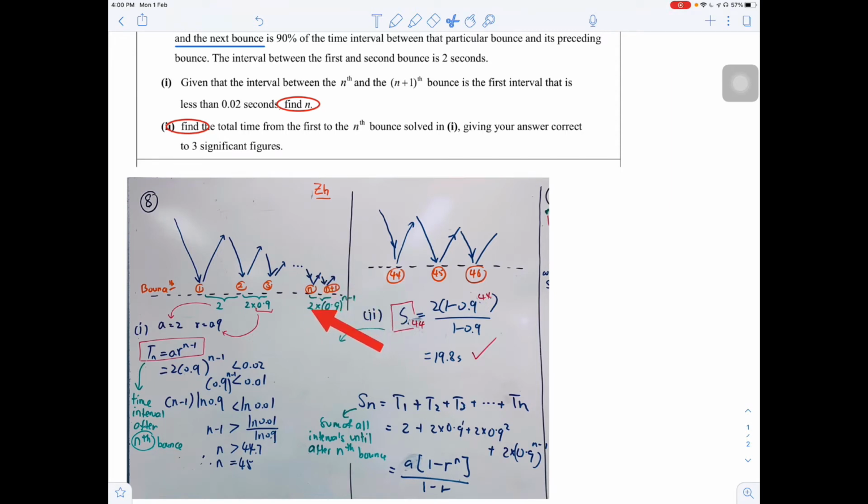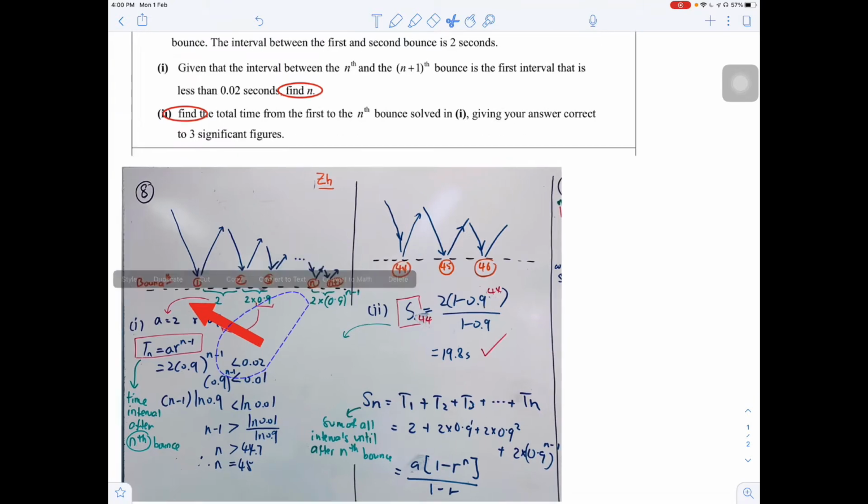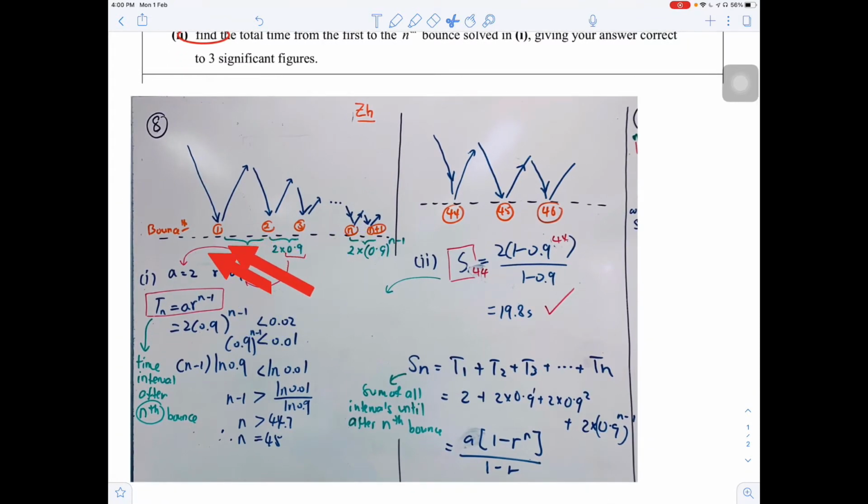We look at the pattern. According to the question, between the first and the second is 2 seconds, and between the second and the third is 90% of that. So it will continue.